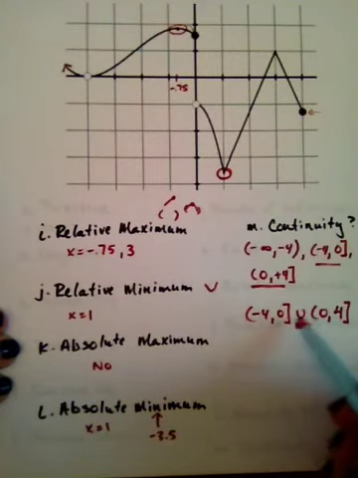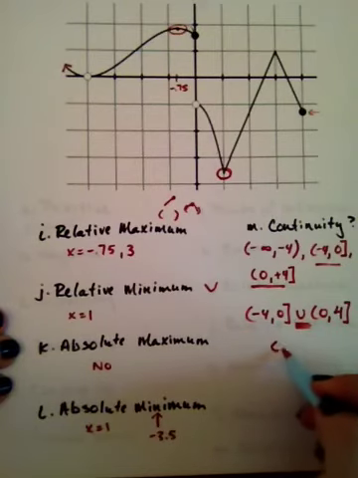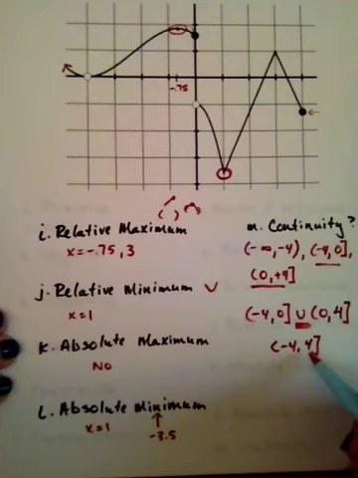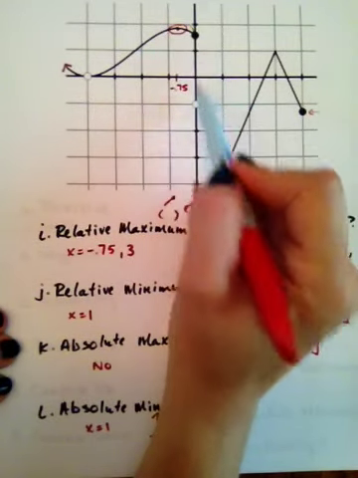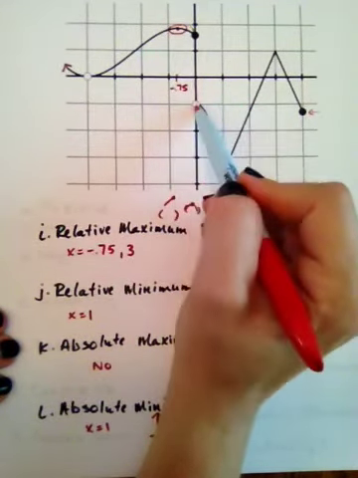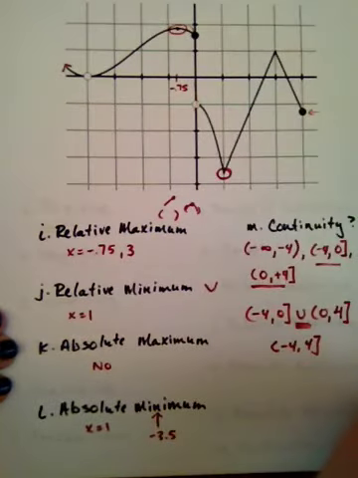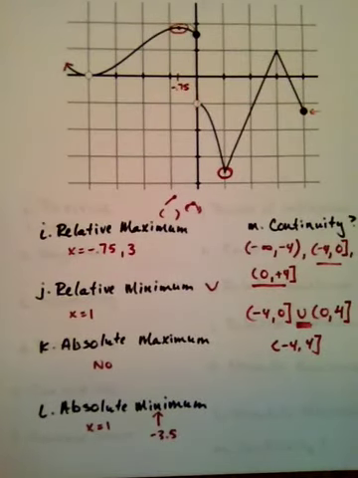Now because 0 is actually included in this, if I used union, that would mean I was going from negative 4 to 4, which is not correct. Now negative 4 all the way to 4 is in the domain, because x equals 0 is in the domain. The graph exists there, but we have a continuity issue at x equals 0 because we had to pick up the pencil. So those are a few of the attributes we'll be looking at for graphs.